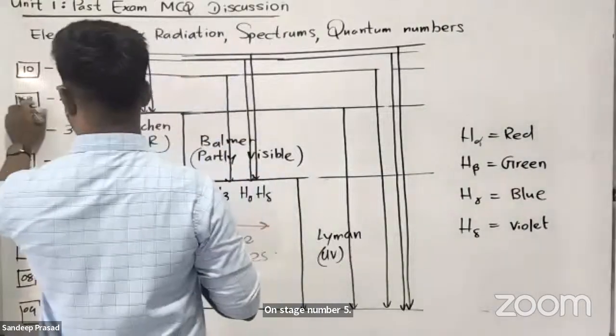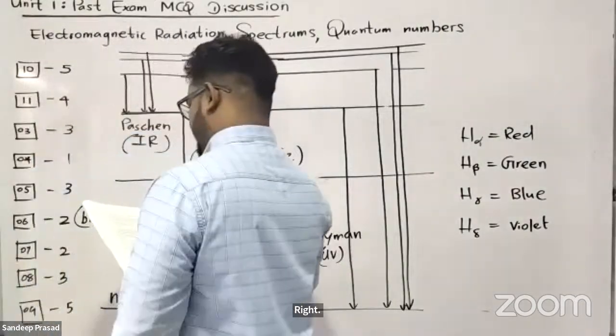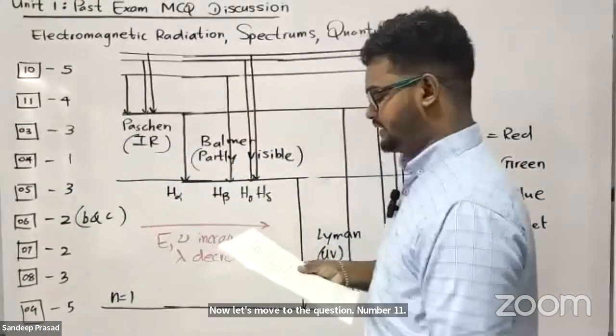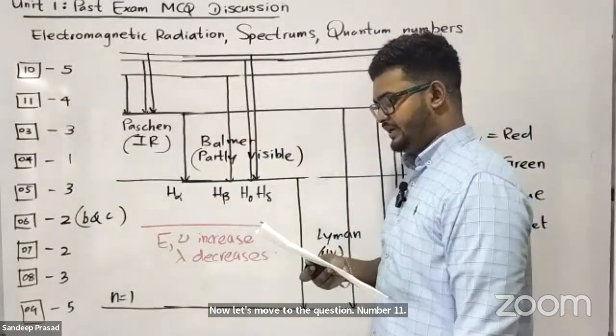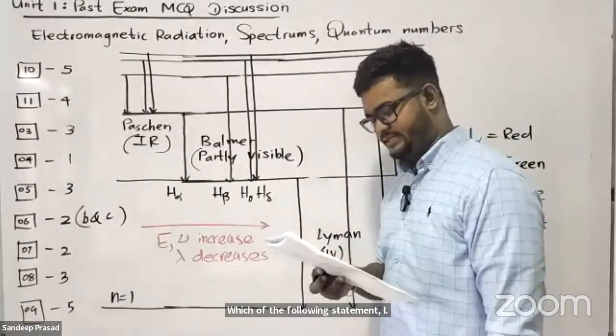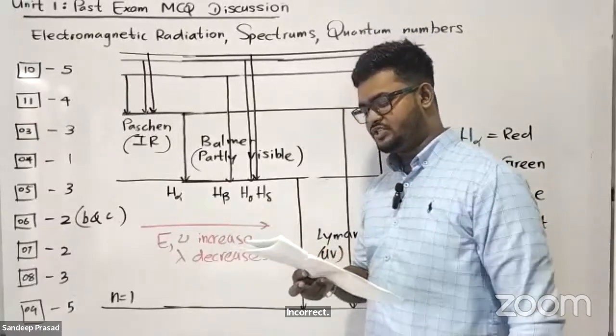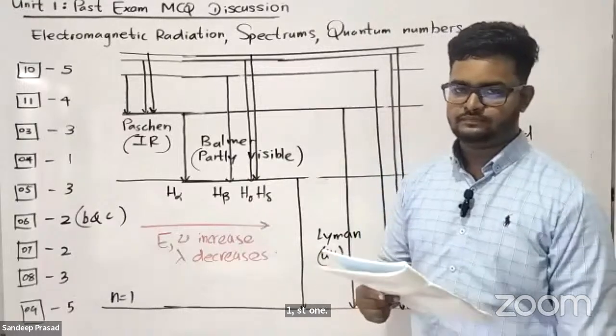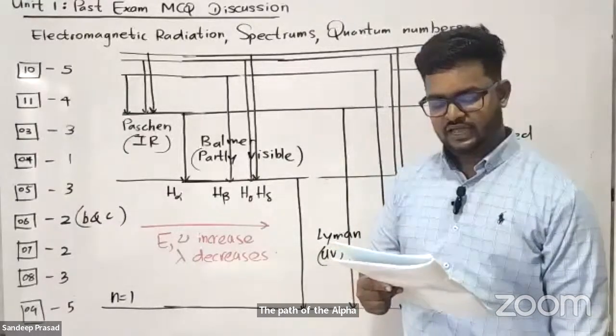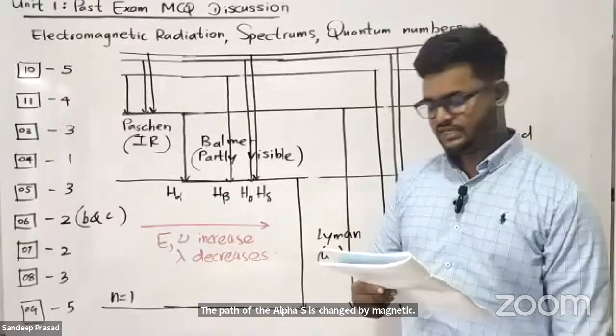Right. Now let's move to question number 11. Which of the following statements concerning alpha, beta, gamma rays are incorrect? First one, the path of the alpha rays is changed by magnetic field. Yes, correct.